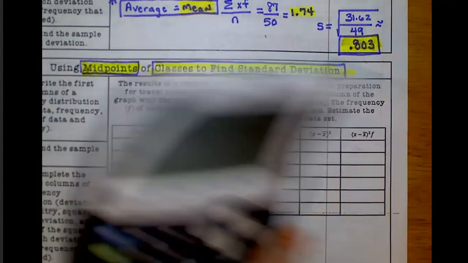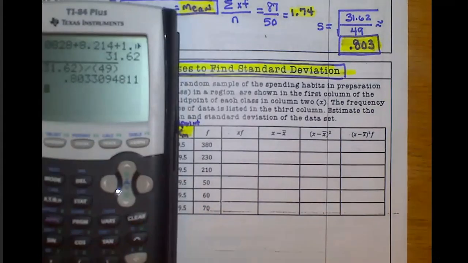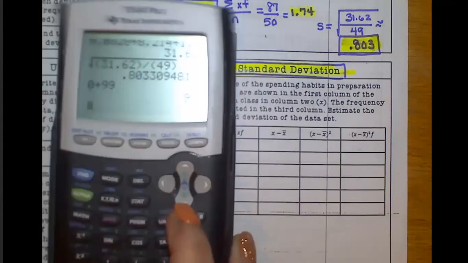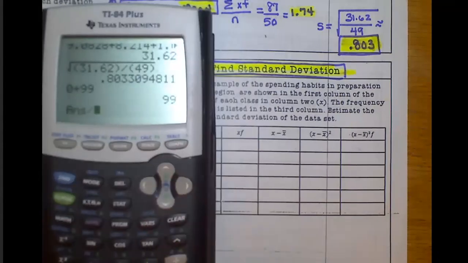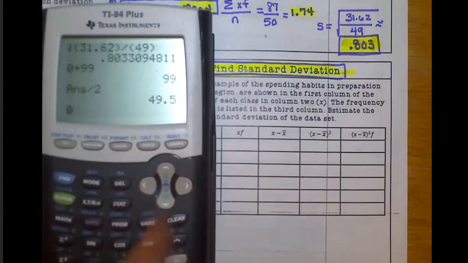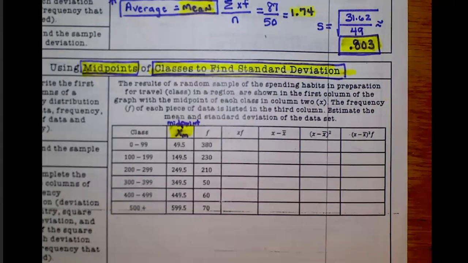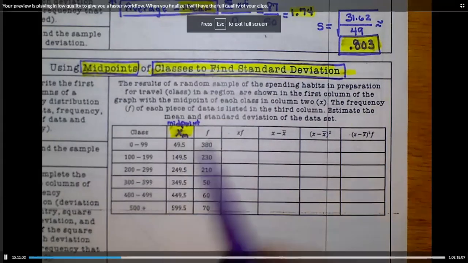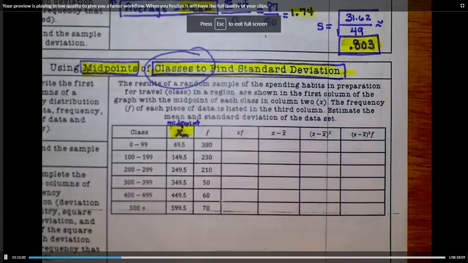So if you think about that midpoint, you would have 0 plus 99, and you would divide that by 2. That would give you 49.5. Then you would have 100 plus 199, and you would divide that by 2, and that would give you 149.5. So you have to remember that formula. That's going to be your X when you're dealing with classes.